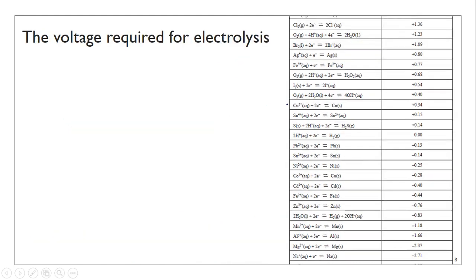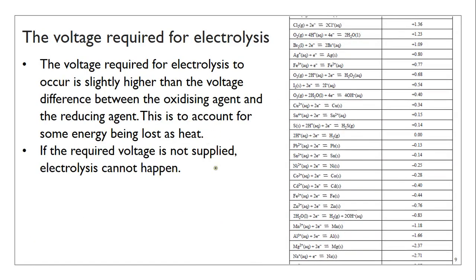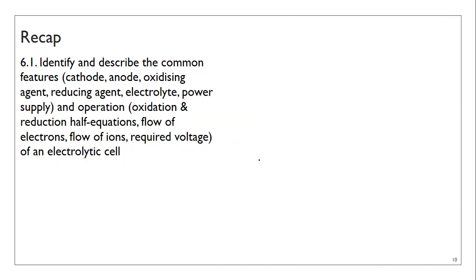Okay, that's just me explaining that. And I think that's it for this dot point. We're going to talk about the flow of ions later, but hopefully if you read this, you can identify and describe the common features, and you can describe the process of oxidation and reduction, the flow of electrons, and the required voltage for an electrolytic cell.